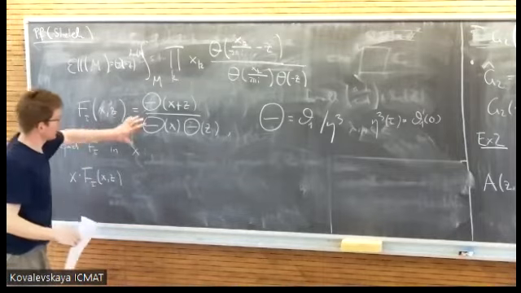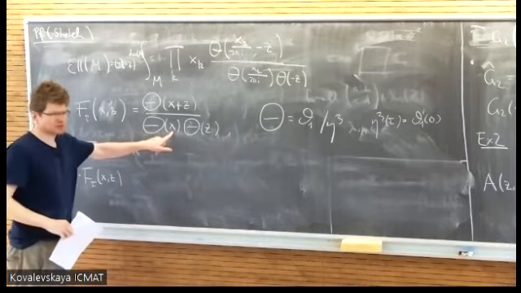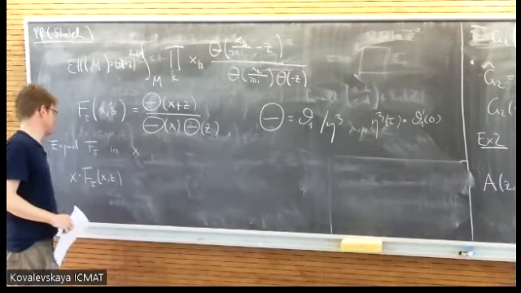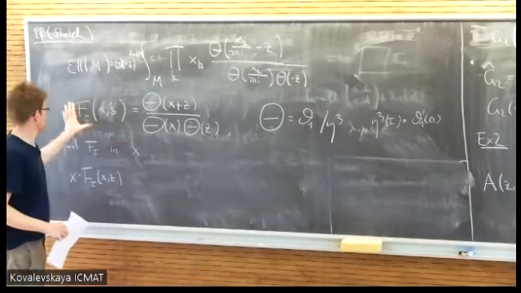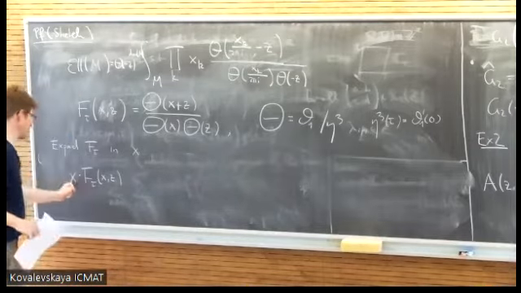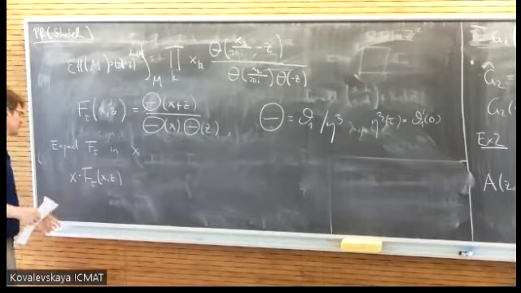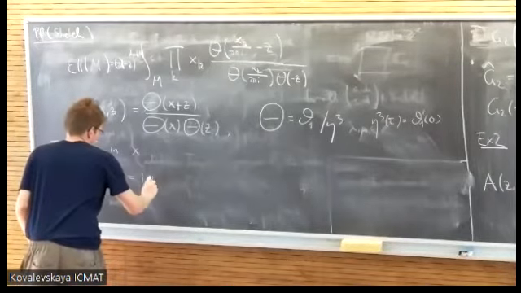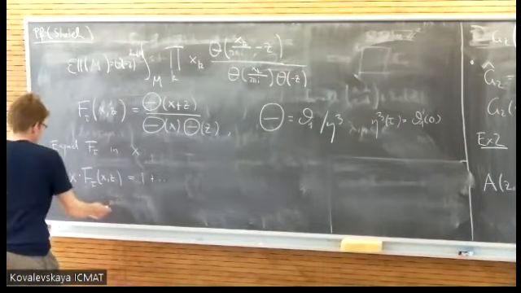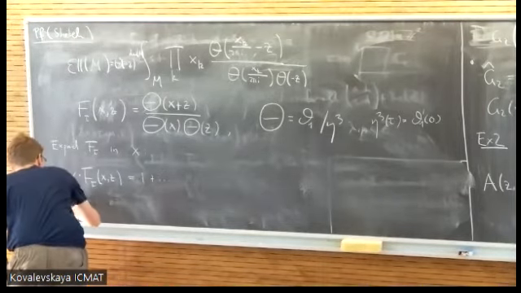The theta function has a zero at x equals 0, so this F tau has a pole at x equals 0. If you multiply with x, you remove that pole. So this starts with 1. So what you really want to take the expansion of is the logarithm.